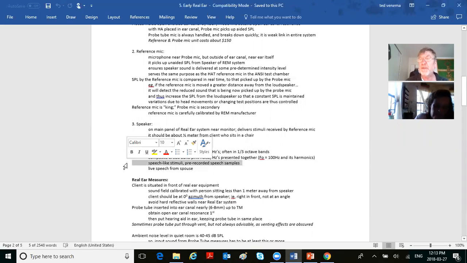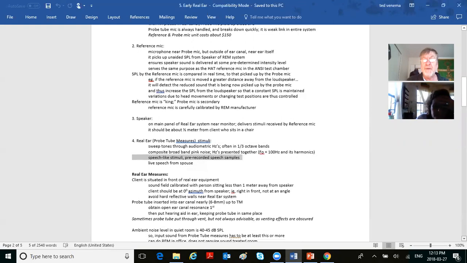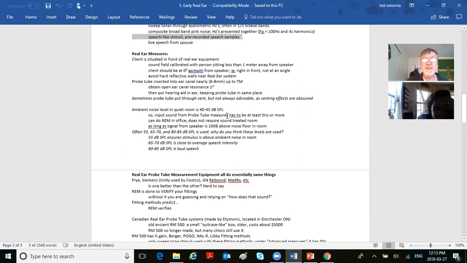You'll actually hear speech spoken. Real ear measurement now. Client is situated in front of the equipment, basically should be facing the speaker straight on, not really from an angle. It's best to have the person face the speaker dead on.